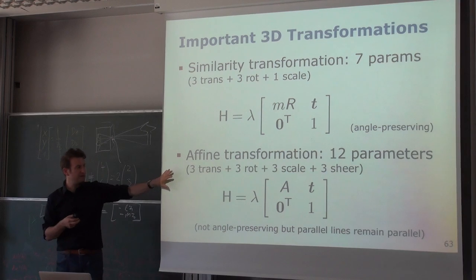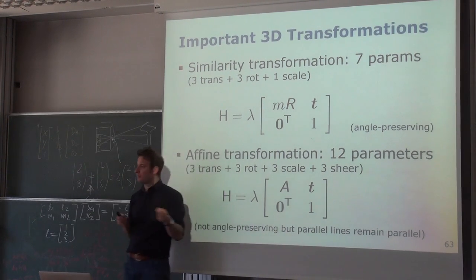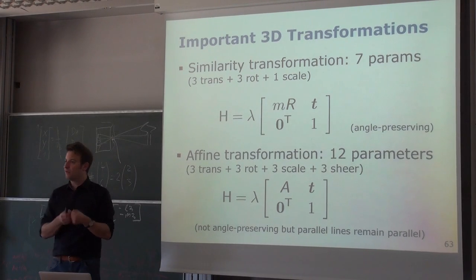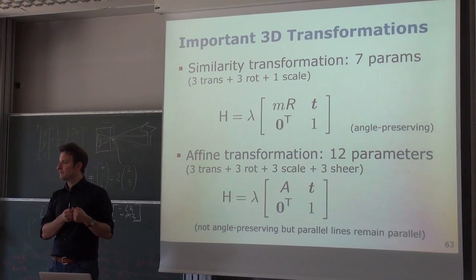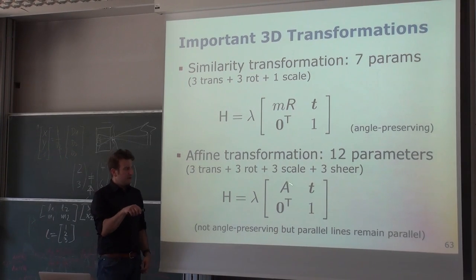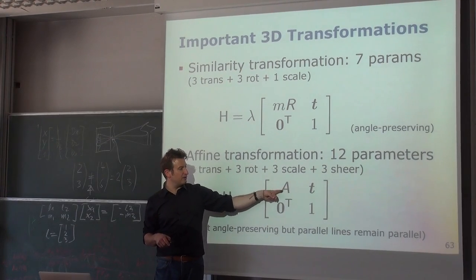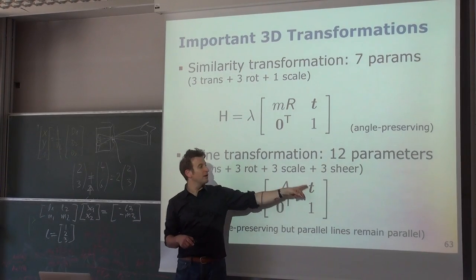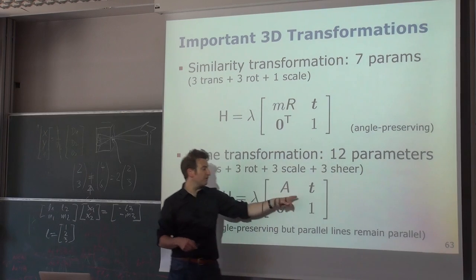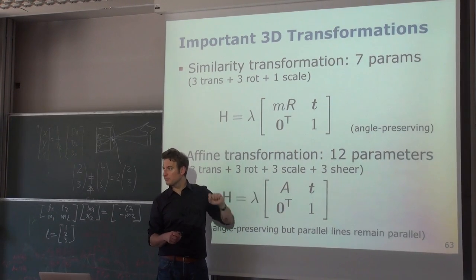So it's not angle-preserving anymore, but things which are parallel before are parallel afterwards. This matrix A here is a 3 by 3 matrix, which takes 9 degrees of freedom. This takes 3 degrees of freedom, which gives me 12 degrees of freedom. So this matrix A is a general matrix, no constraints on that matrix.